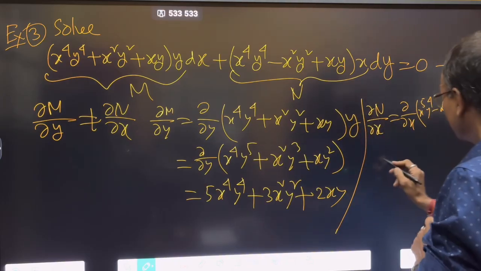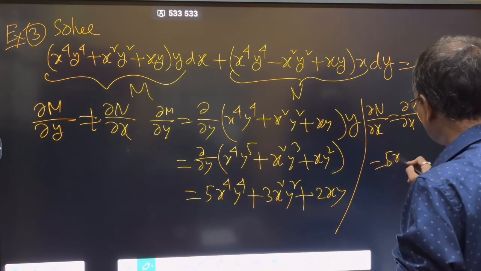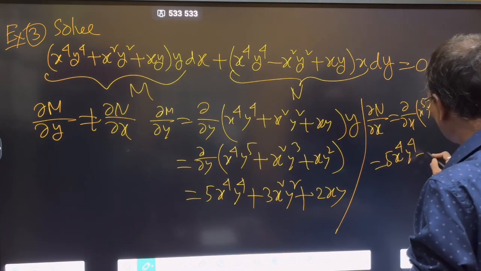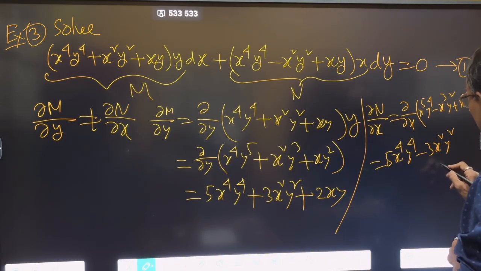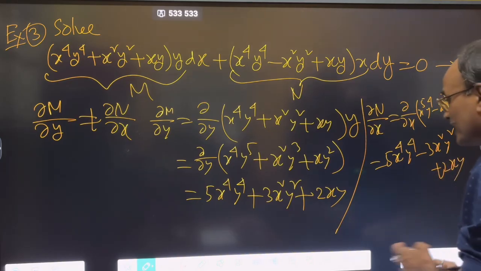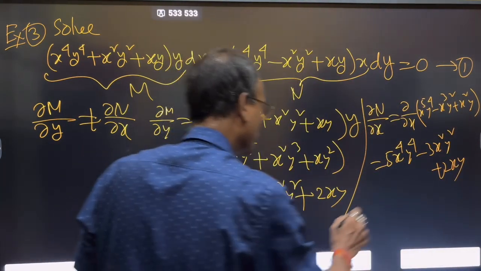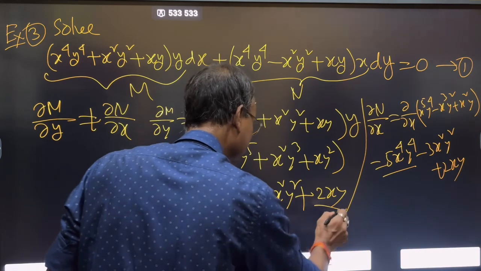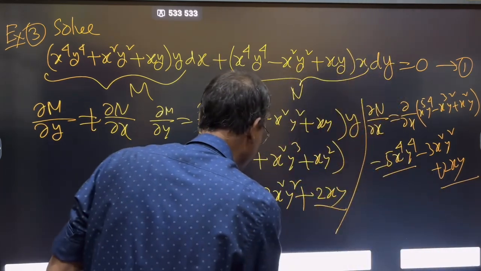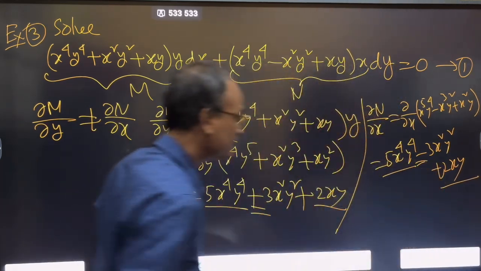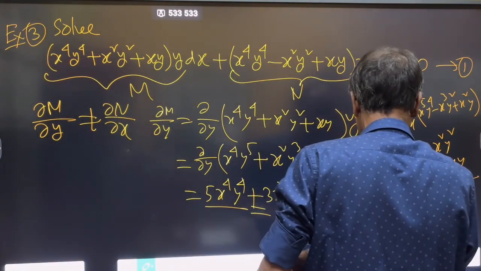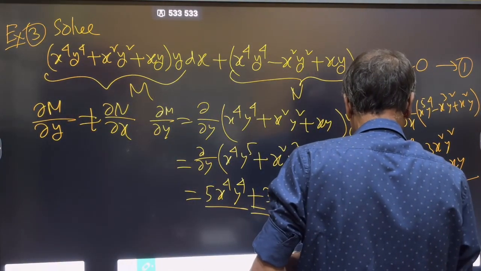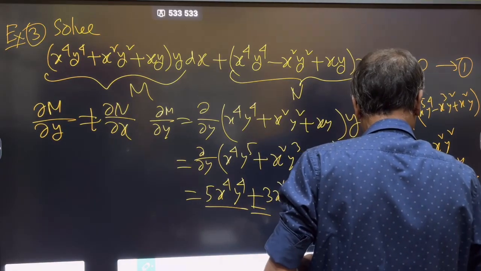This is equal to 5 x to the power 4 y to the power 4 minus thrice x square y square plus twice xy. Now the first terms are equal, no problem, but the middle term is plus in one and minus in the other. Therefore, del M by del y is not equal to del N by del x.